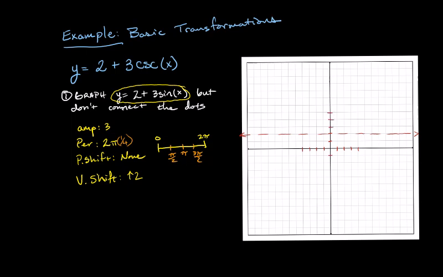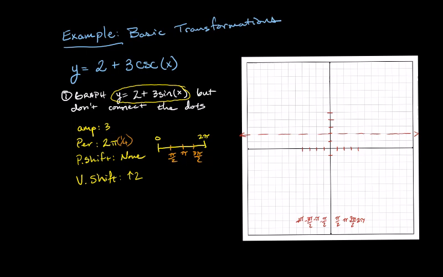So we're going to negative 2 pi, negative pi, negative 3 pi halves, and negative pi halves, and then the positive counterparts over here, and 2 pi.